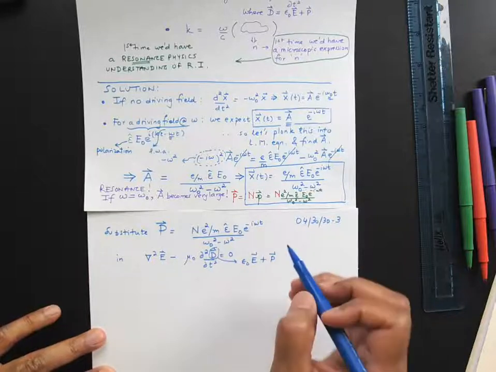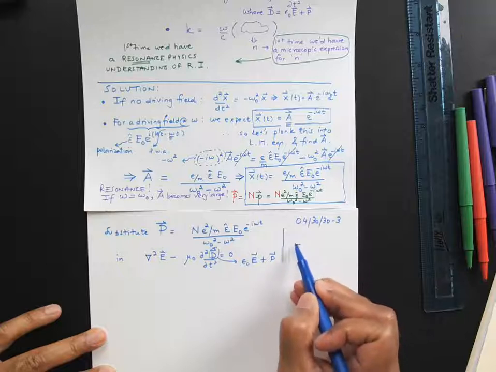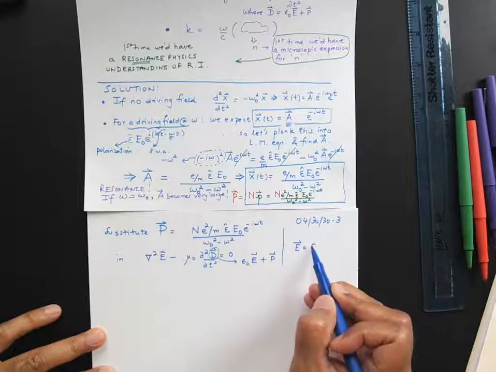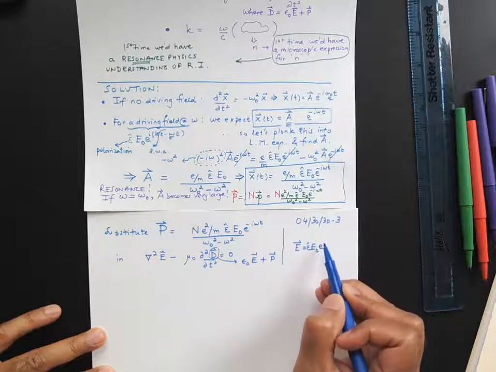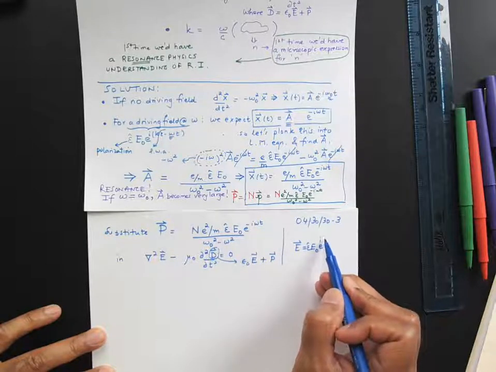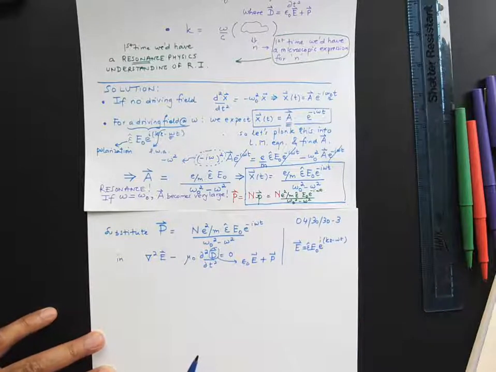Now, what is the electric field? Just to remind you, the driving field was E naught, with this polarization, e to the i k z minus omega t, right?